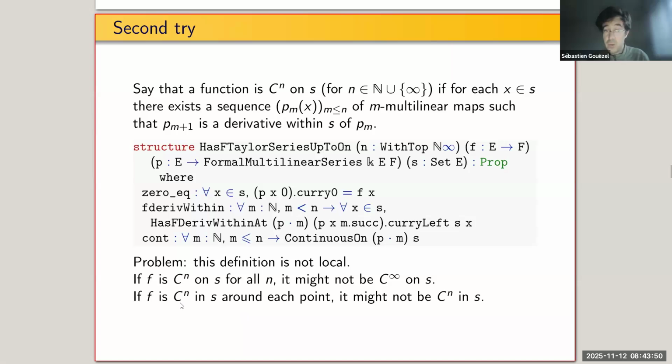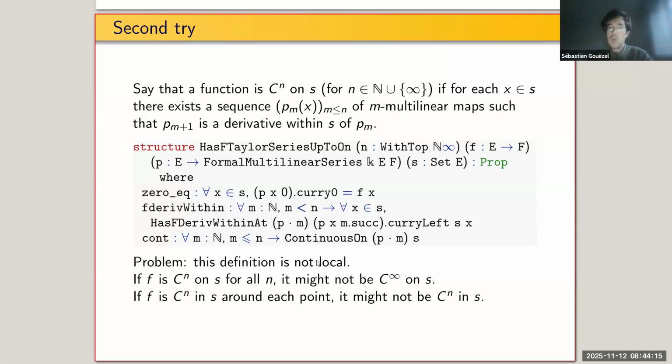In the same way, you don't have locality in the following sense. If you have a function which is Cn around each point, it might not be Cn on the whole set S, because maybe the P's you get depend on the base point, and they don't match on the intersections of the sets where they're defined.